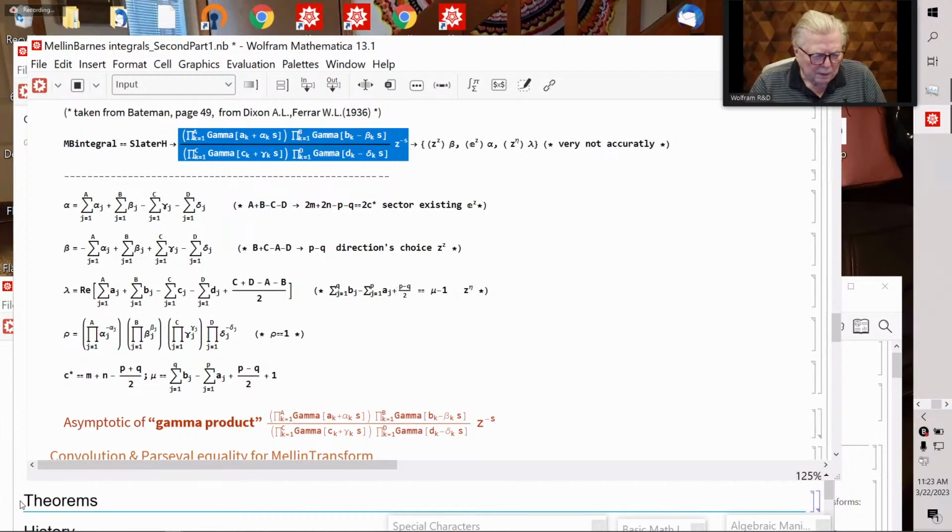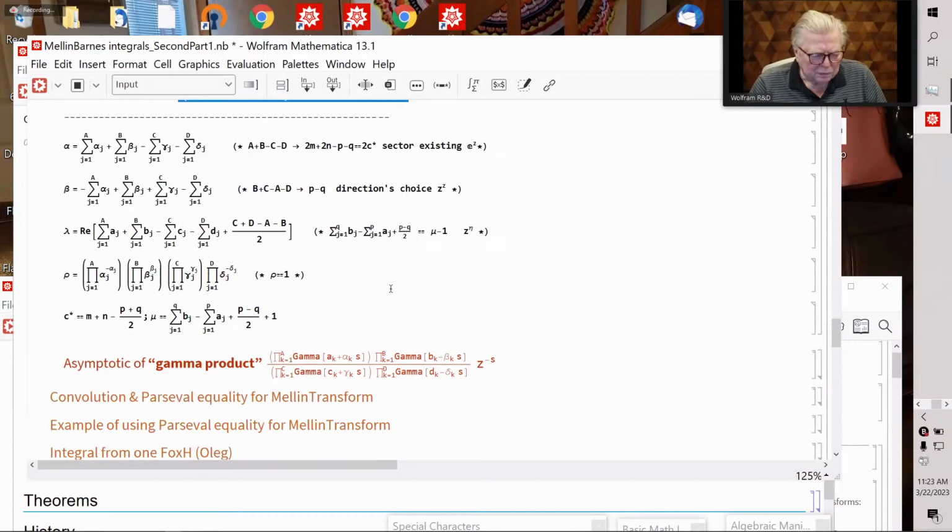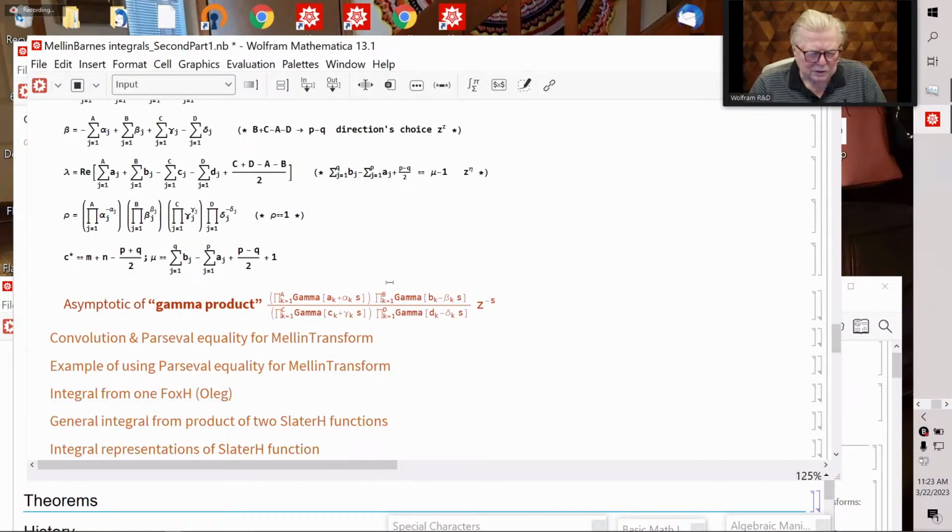We meet piecewise functions. I showed you kernels in the fractional derivative or in the Riesz transform. Many different guys live in this house by the name SlaterH.